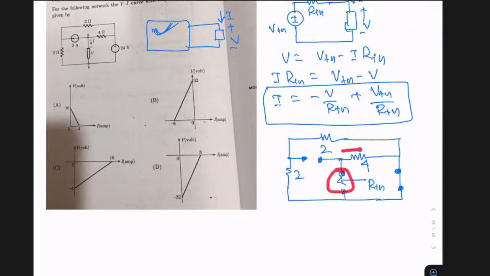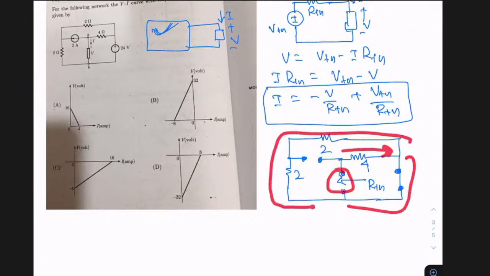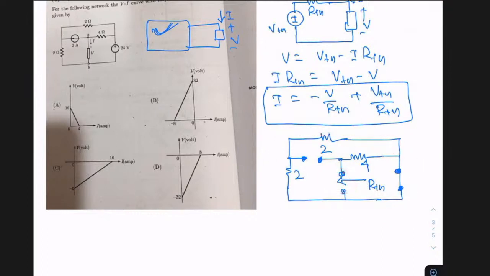The current will go to this path, and from this point there are 2 paths. One is this path and one is this path. So the value of RTH is equal to 4 plus, where is this 4 coming from? This is your 4 plus. From this point, there are 2 paths. What are the resistances of the paths? One resistance is 0, this is the shorted one, right? 0 parallel with the other path, which is 2 plus 2.